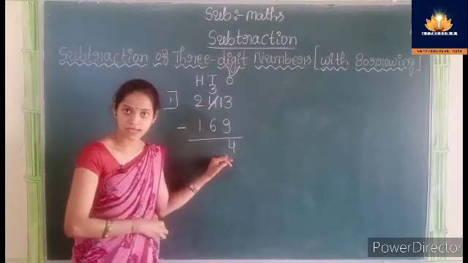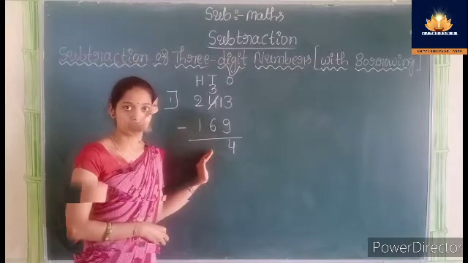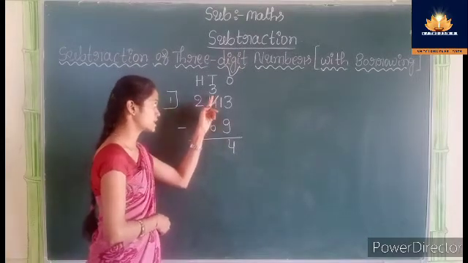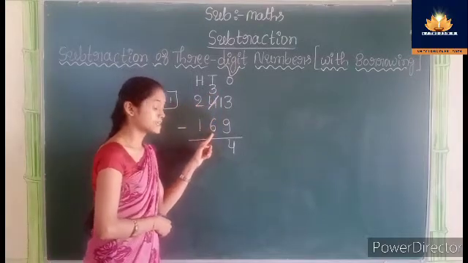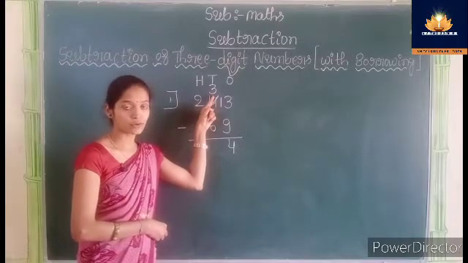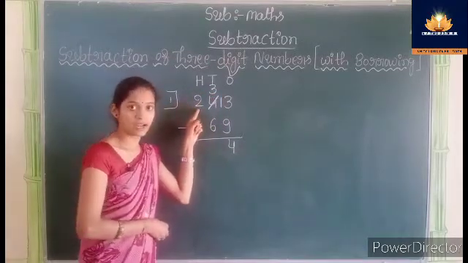After subtracting ones place, now we have to subtract tens place. Here we cannot subtract 6 tens from this 3 tens because 6 is greater than this 3. That's why we have to borrow 100 from this 200s.